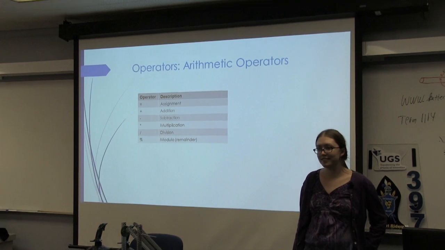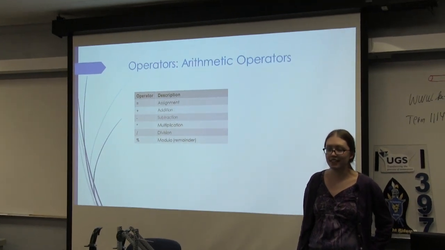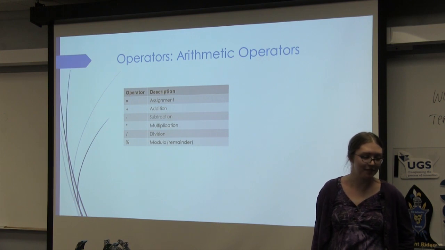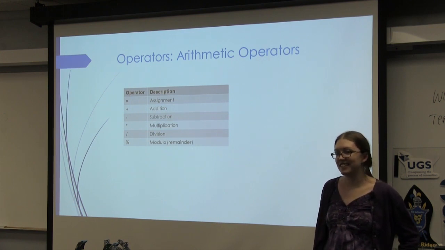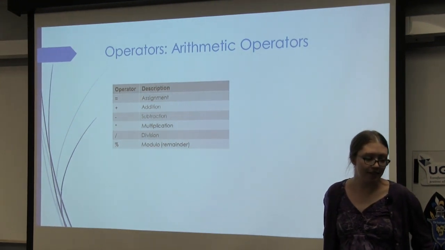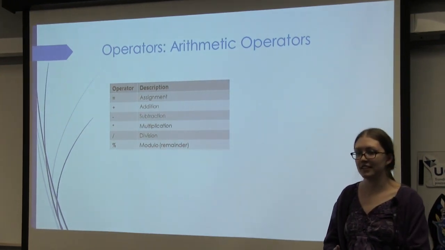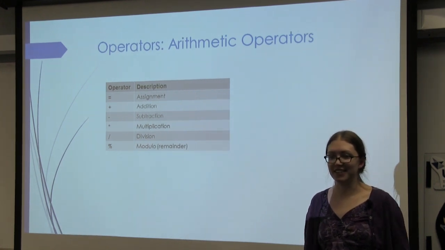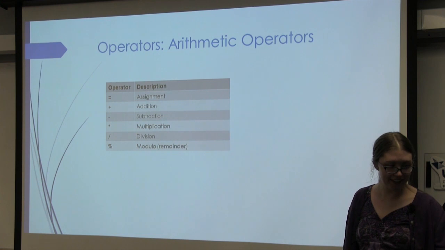You've got your arithmetic, addition, subtraction, division. What's it called? Modulo. Which is the remainder, which is useful, especially if you ever write a program where you're doing a clock. That's when you get remainder in there.